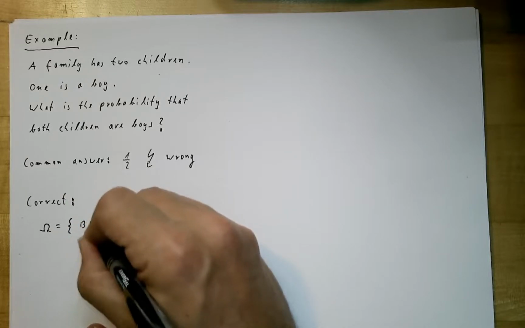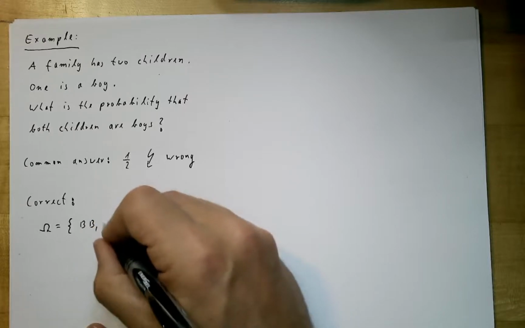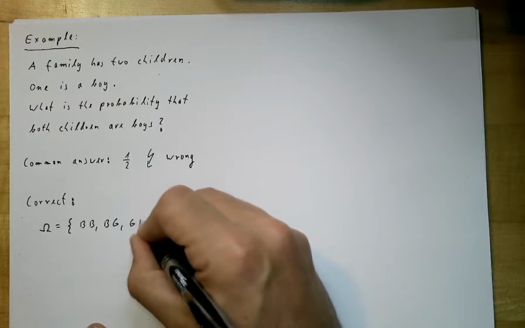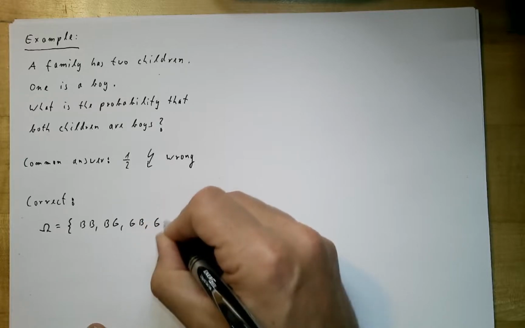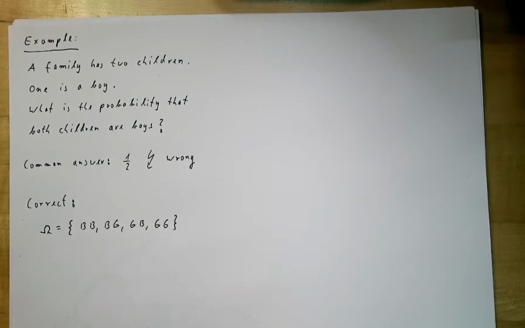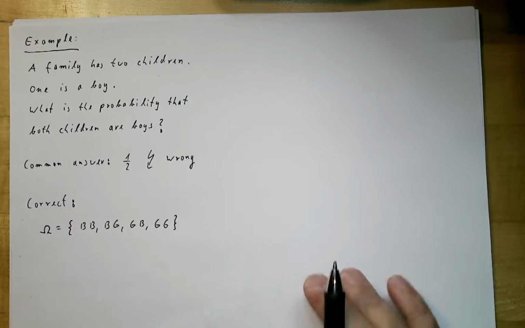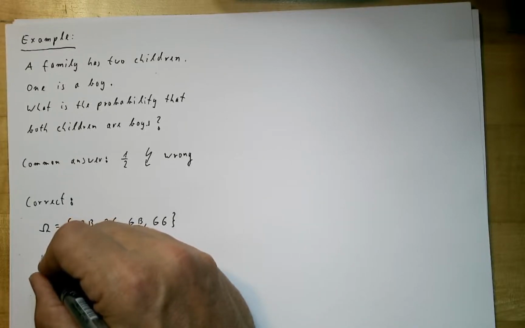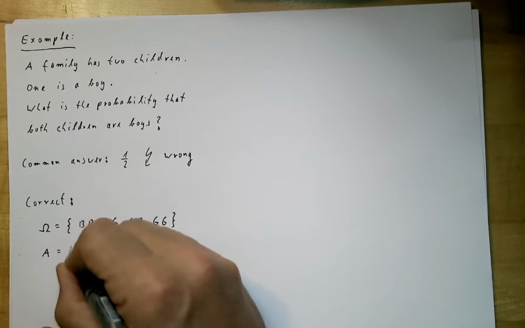We have 2 boys, we have a boy and a girl, we have a girl and a boy, and we have 2 girls. So we have a sample space of 4 elements. Now, what is our event A that we are interested in?